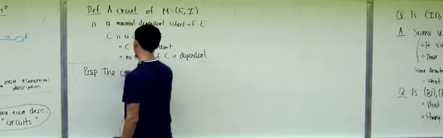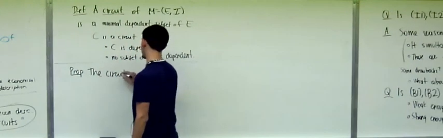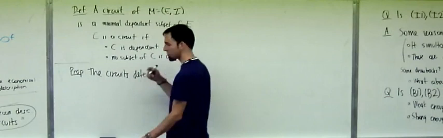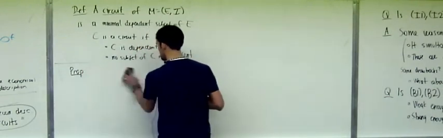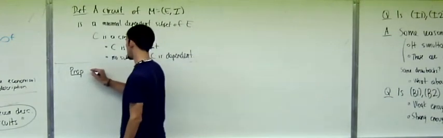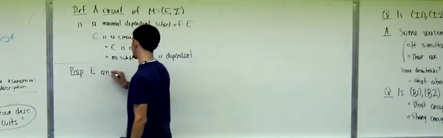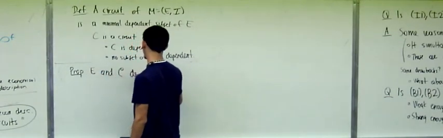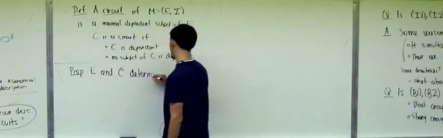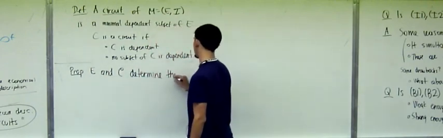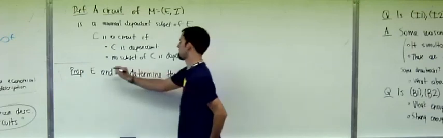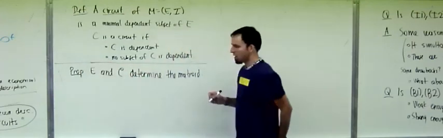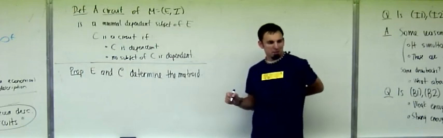The circuits determine the matroid. The circuits and the ground set. So E and C determine the matroid. And I saw several of you nodding your head and telling me that you see why this is.